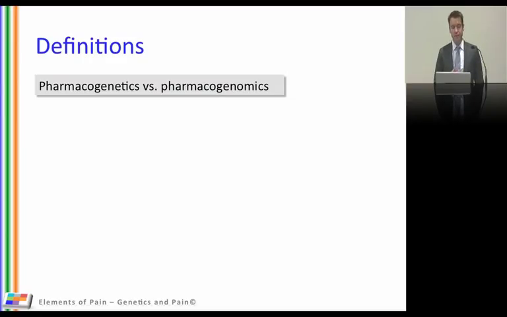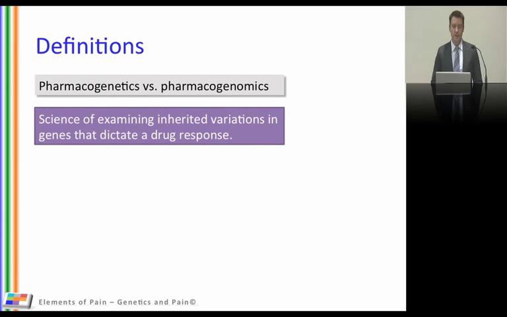So now let's compare pharmacogenetics and pharmacogenomics. They're essentially used interchangeably, and you could use them interchangeably. However, there are slight differences. So I've had a look deeper, and I've come up with the two main differences. Essentially what they both mean is that it's the science of examining inherited variations in genes that dictate how a drug works.